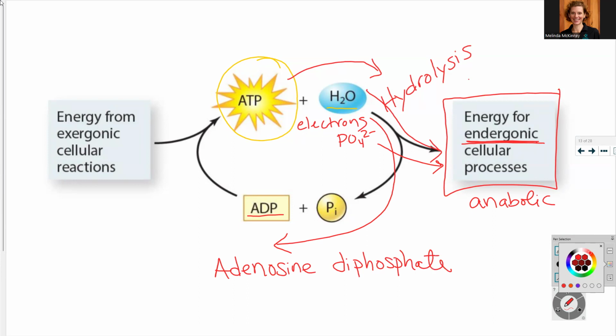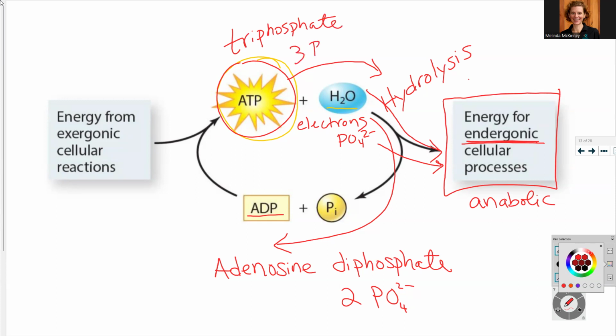So we've got two phosphate groups here, whereas up here, this is adenosine triphosphate. So we had three phosphates. So one of the phosphate groups is often transferred over here. So all of the energy goes with it, and now it's going to help power that reaction.